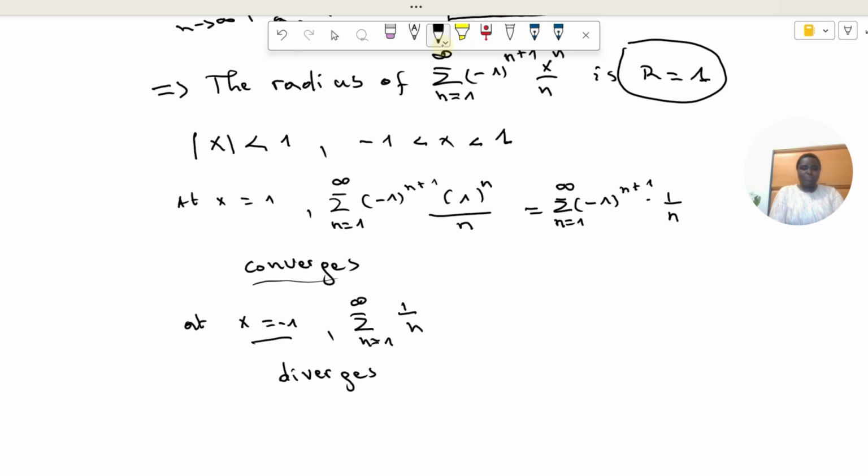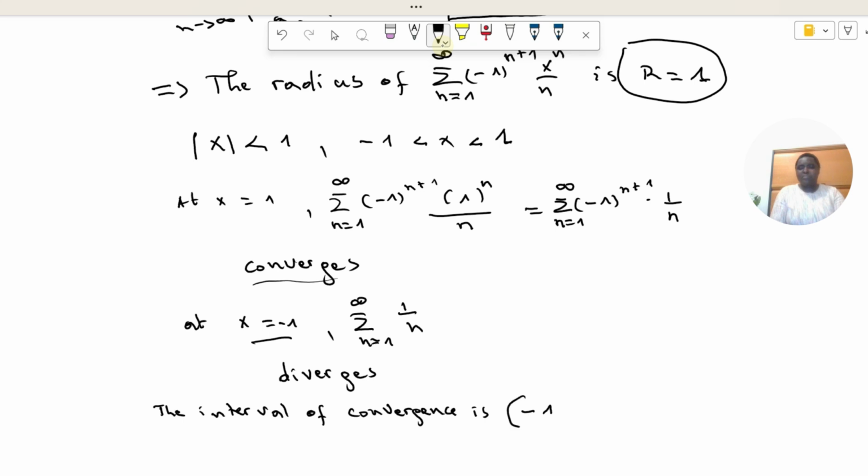The interval of convergence is, it will be from -1, but this one is excluded.